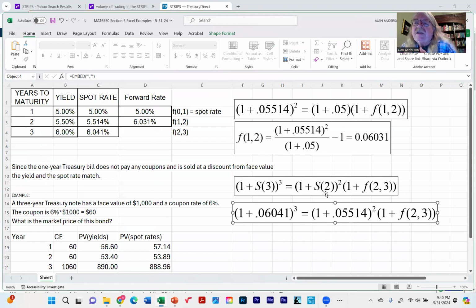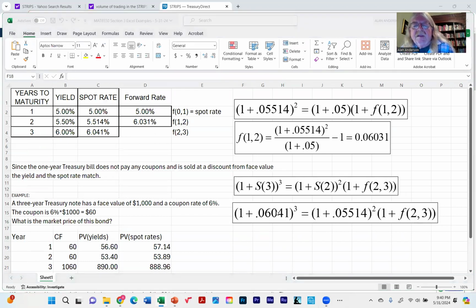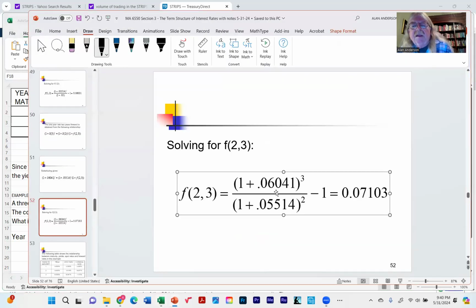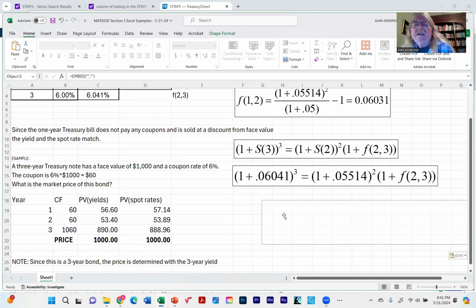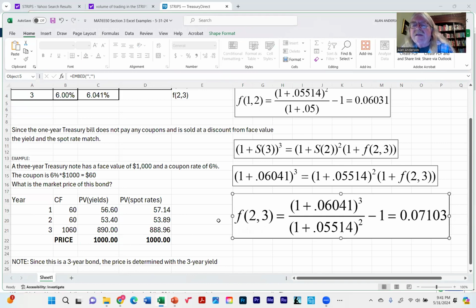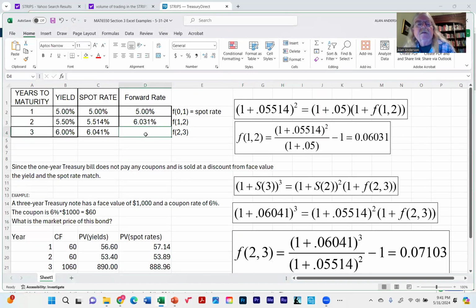In other words, this is what equalizes 2 years rolled over for a year or 3 years. What rate in the third year equalizes the two rates of return? That's what this forward rate means. So you're going to have 1 plus the 3-year spot rate cubed over 1 plus the 2-year spot rate squared, all minus 1. And there it is.